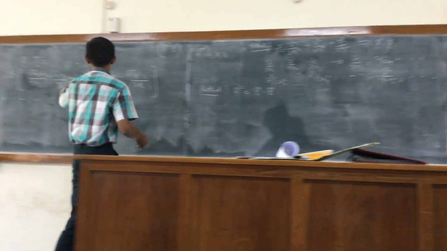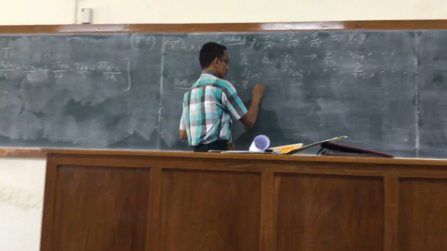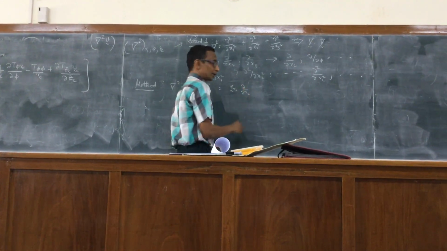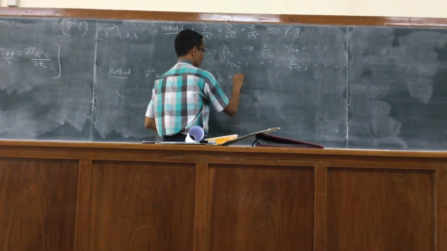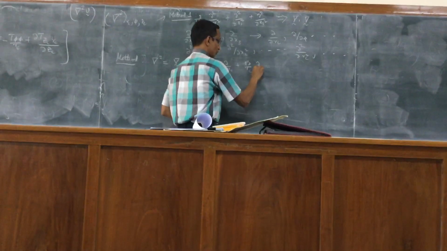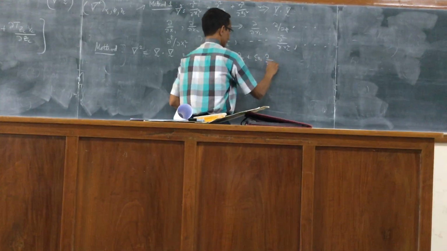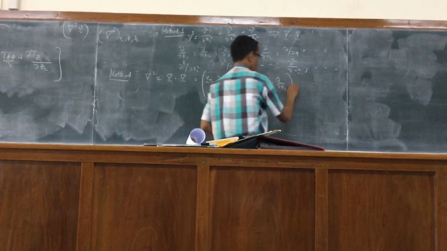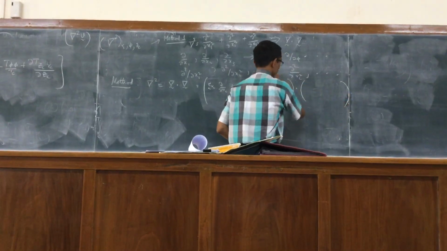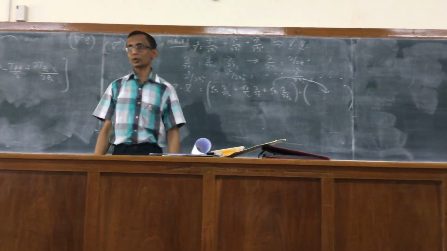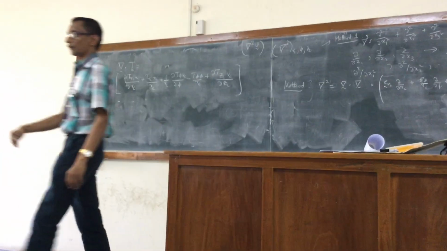I've already got the gradient operator. So this will be e_rc d by drc plus e_phi by rc d by d phi plus e_zc d by dzc. This would have to be dotted with the same. You have to consider the dot product of each and every one.